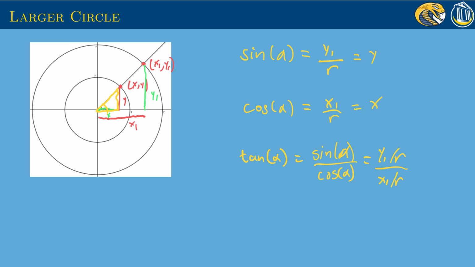And if we clean this up, we'll see that this actually equals y1 over x1. And because this is just the ratio of the height to the width of our right triangle, this also equals y over x. And so what this tells us is that the size of the circle doesn't actually matter here.